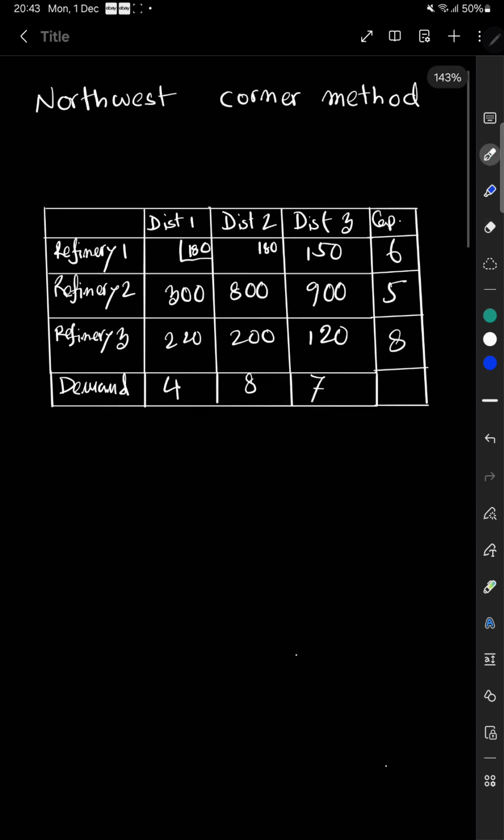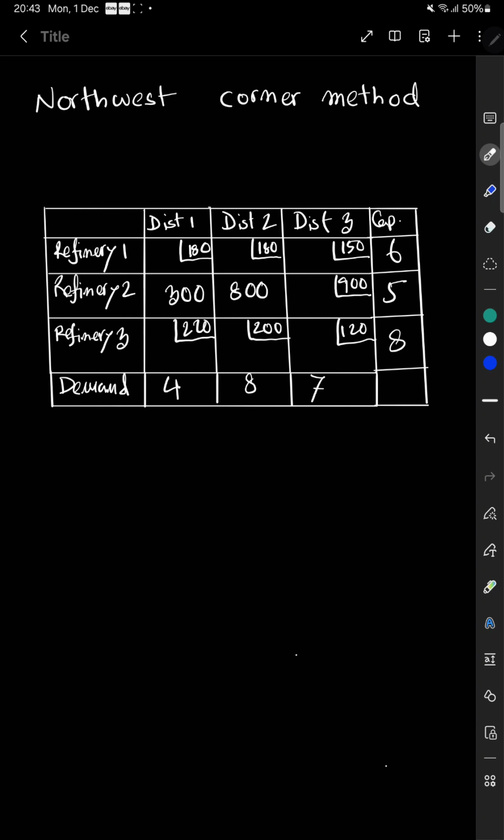118 here again, and 115 here, 150, and then well, this is 900, pretty far. 900. Next one is 120 in here, so 120. Then we have 200, and here we have 220.